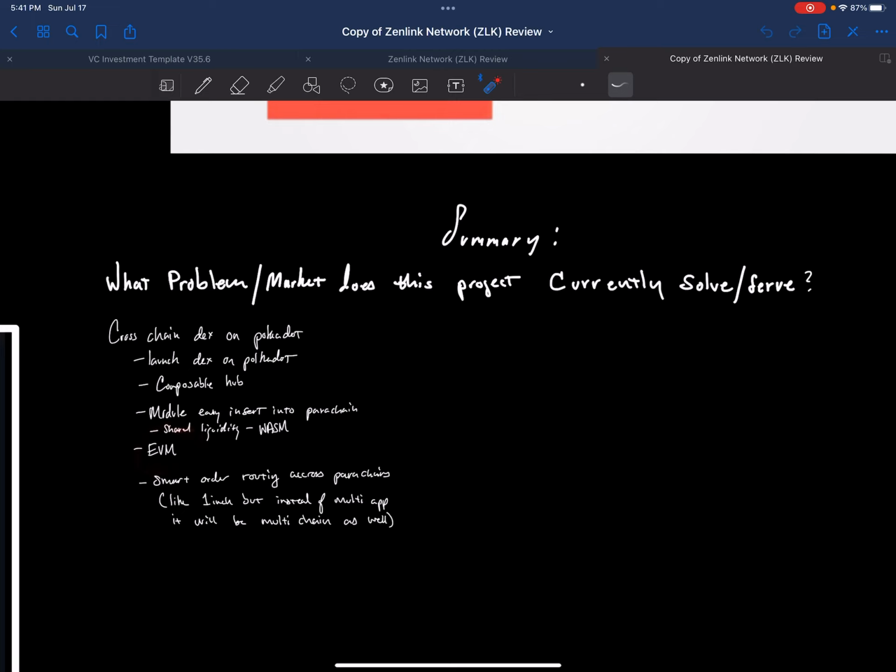They also have the Ethereum virtual machine, and another thing that Zenlink will have is smart order routing. This is similar, for those who are familiar, to 1inch. It'll allow for, within the Polkadot ecosystem, or even just across chains. When I say Polkadot ecosystem, it's Substrate.